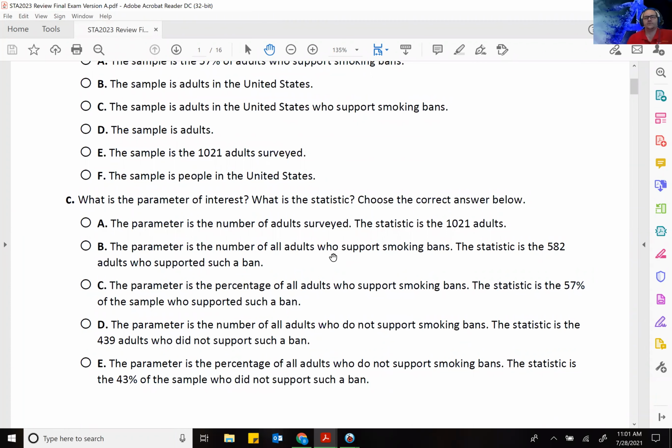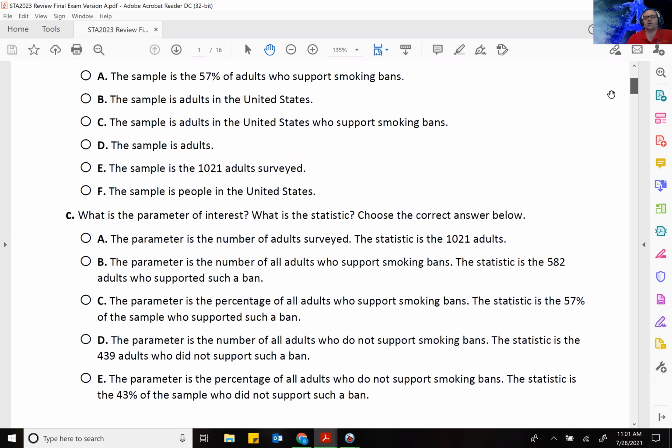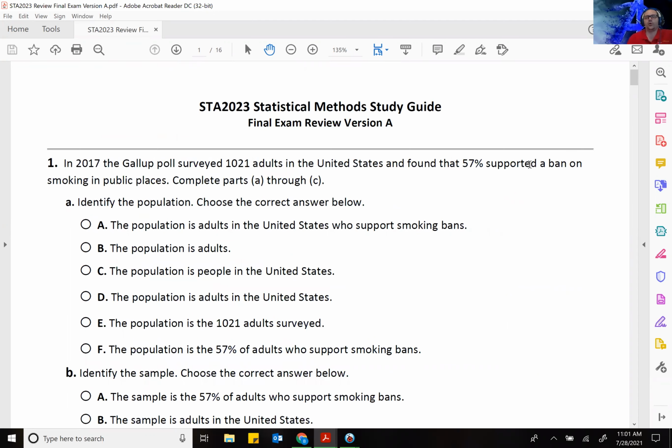If we scroll back up, this survey was all about supporting a ban on smoking in public places.